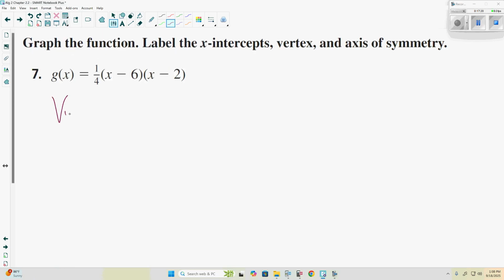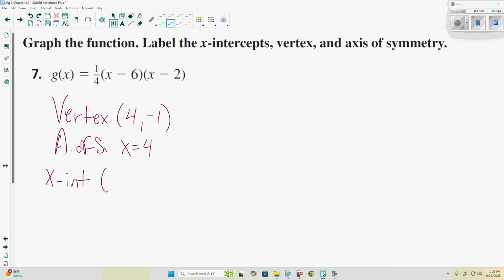Because if you did this one, the vertex would have been (4, negative 1), axis of symmetry x equals 4. Intercepts are going to be the points (6, 0) and (2, 0). 6 plus 2 is 8. 8 divided by 2 would be 4. 4 minus 6 is going to be negative 2. 4 minus 2 is 2.